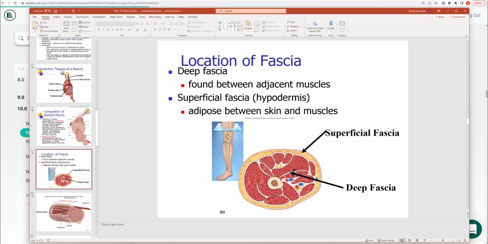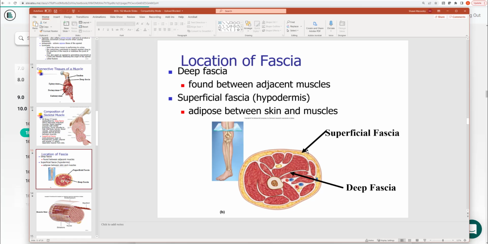And if you've ever had a ham steak, you can appreciate that you are seeing these segments of muscle that are separated by connective tissue and fat between the muscles, individually sort of separated from each other. Well, that layer of fat all around the thigh, that is your superficial fascia, right? So it's the same as the hypodermis or the subcutaneous layer.